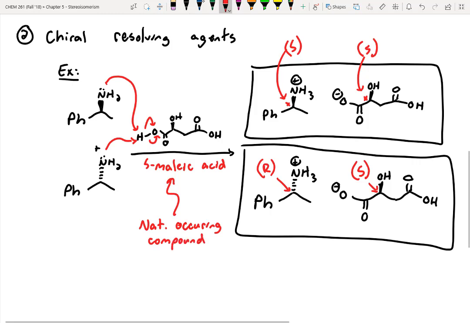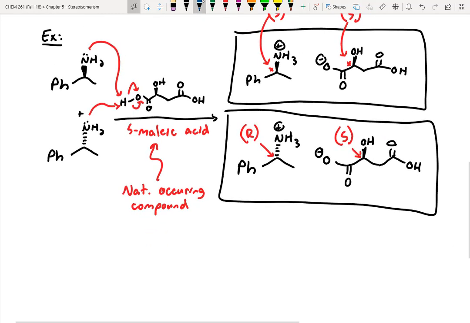So you can treat this with maybe an amine, create a set of diastereomeric salts, and then purify those salts, and then just deprotonate your amine when you're done, and you've got two separate pools of pure enantiomers. So this is a pretty common technique. So let's make a note.